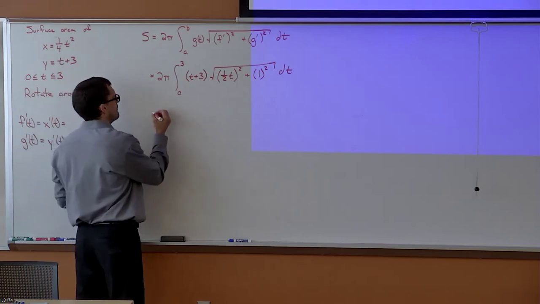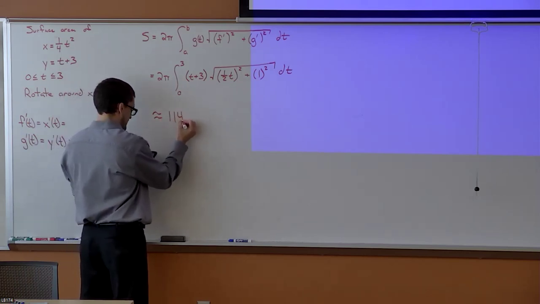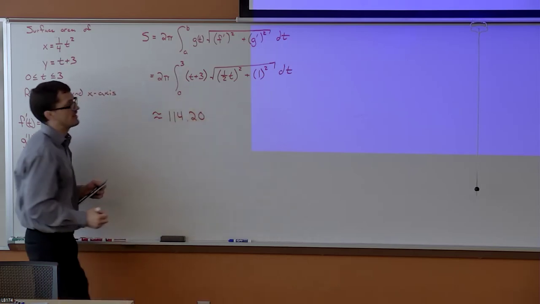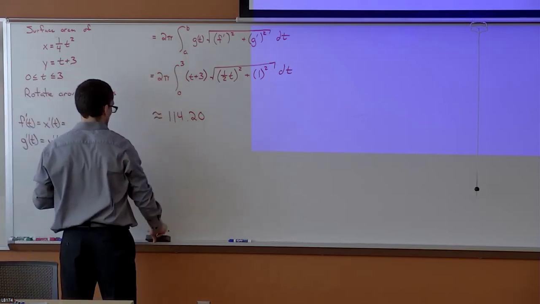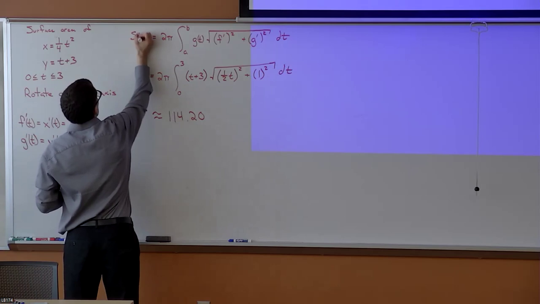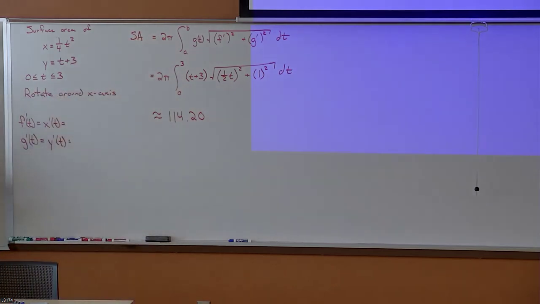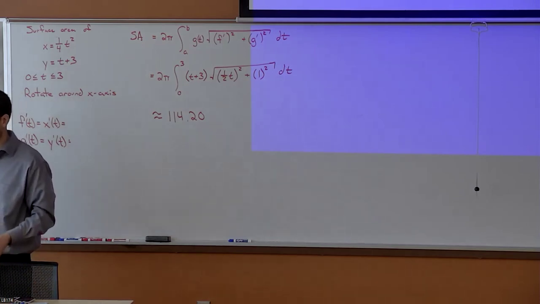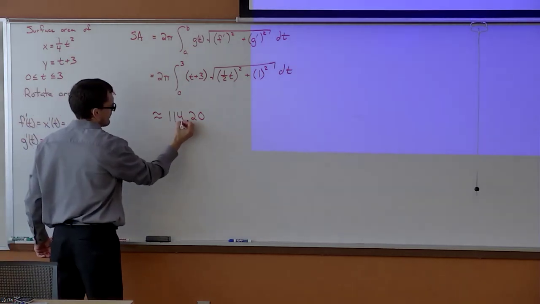I got about 114.20. So that's the surface area. Maybe I should have said SA for surface area. That's the surface area of this curve rotating around the x-axis. 114.20, again, that's just rounded to 2 decimal places.